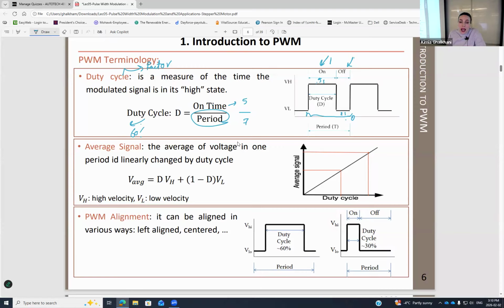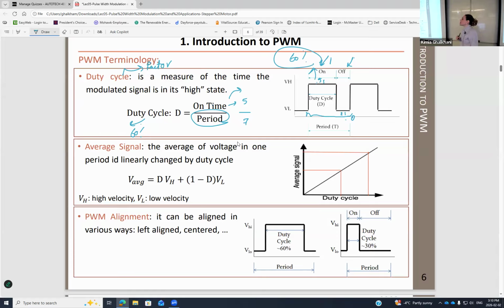Or I would say, how do I calculate the period? A 60% duty cycle is a signal that is on for 60%. When I say my duty cycle is 60%, it means my on time is 60%. I write in here, this is going to be 60%.